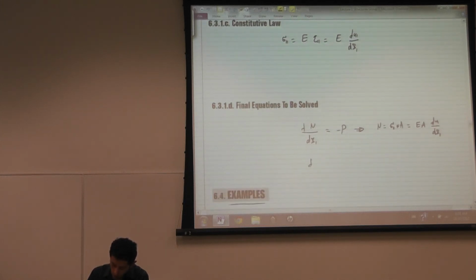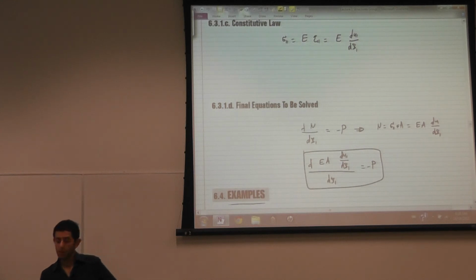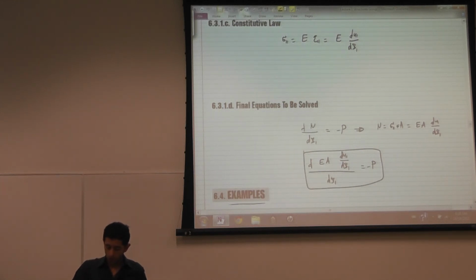So you end up with the equation d by dx1 of EA du1 by dx1 equals negative P. This is a second order differential equation, so you need two boundary conditions, and the boundary conditions are usually the load or the displacement: the normal force or the displacement, N1 or U1, N2 or U2, either or.